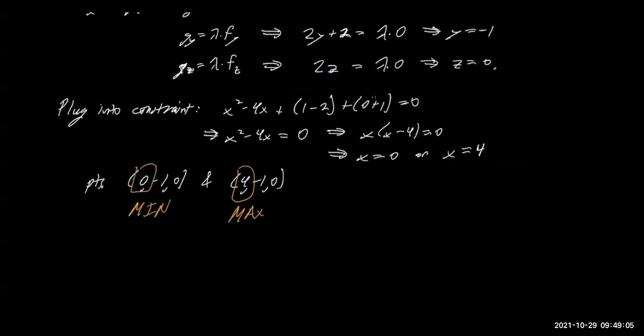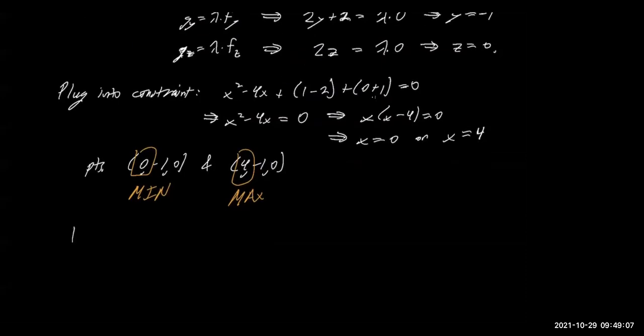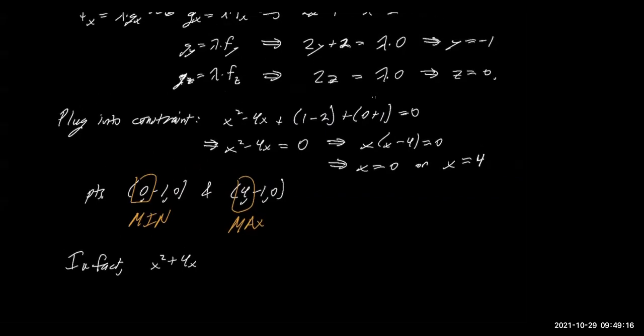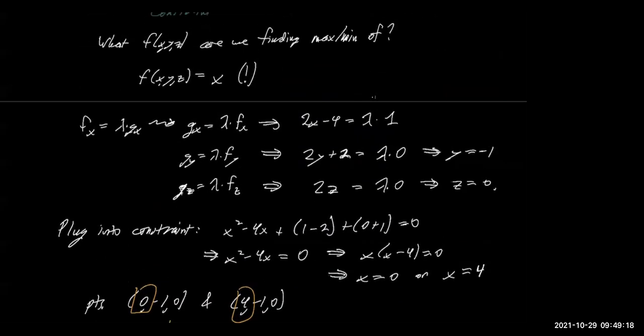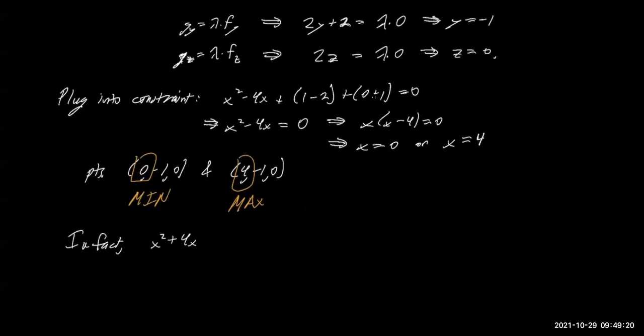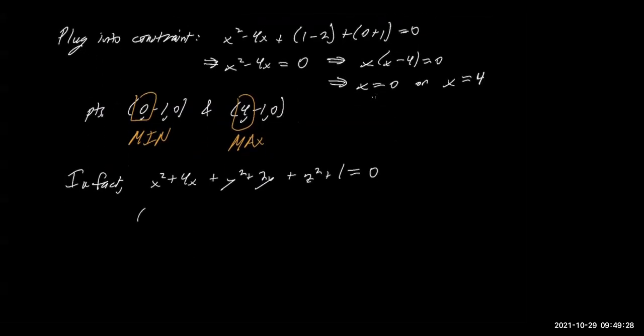In fact, I'll just write this here. If we take x squared plus 4x, what was it? I lost the constraint somewhere. Oh, y squared plus 2y plus z squared plus 1 equals 0. These first two terms we can complete the square by adding a 4.